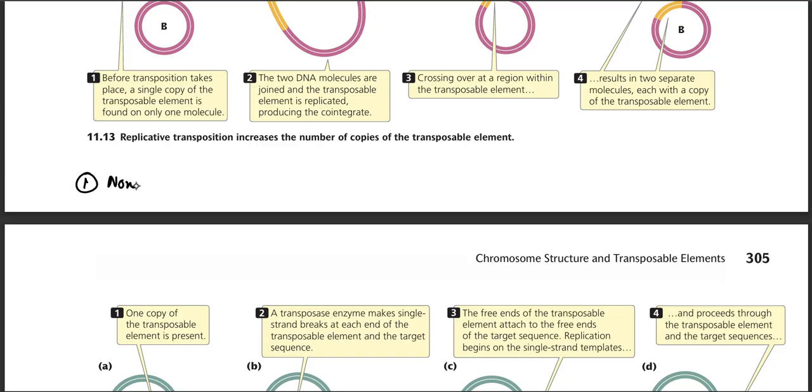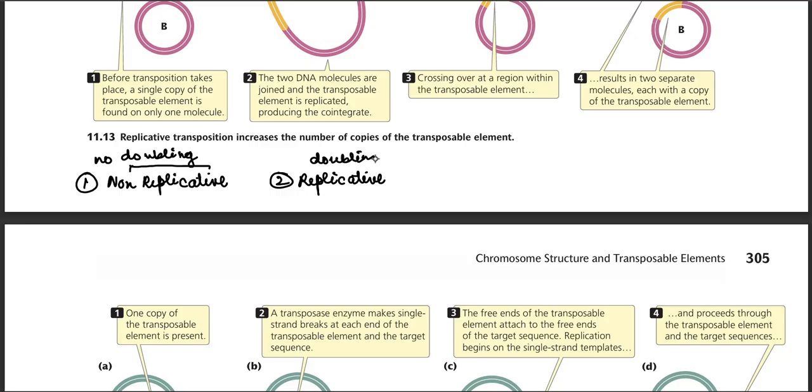One of them is the non-replicative way and the other one being the replicative way. As the name suggests, in the non-replicative way there is no doubling of the transposon, but in the replicative way there is the doubling or the replication of the particular transposable element.